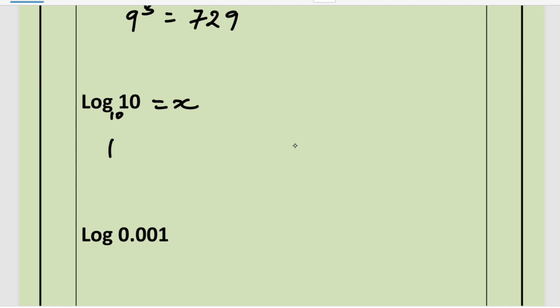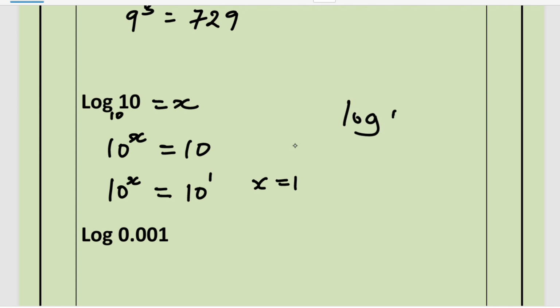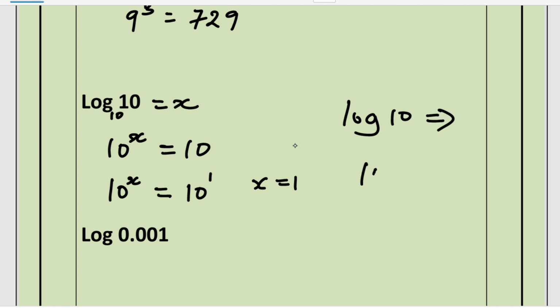So we shall have 10 raised to power x is equal to 10, so that we express both sides to indices. So 10 raised to power x is equal to 10 raised to power 1, meaning x is 1. So we shall now have that log 10 in index form will be 10 raised to power 1 is equal to 10.